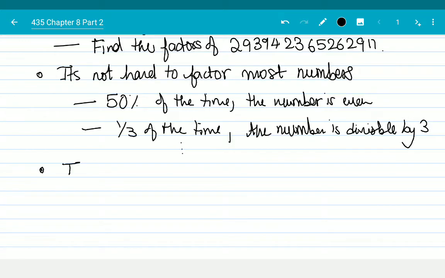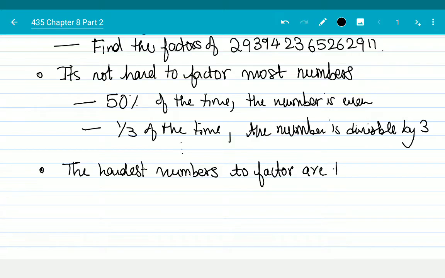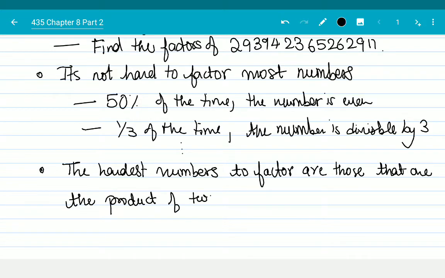The hardest numbers to factor are those that are the product of two equal length primes.